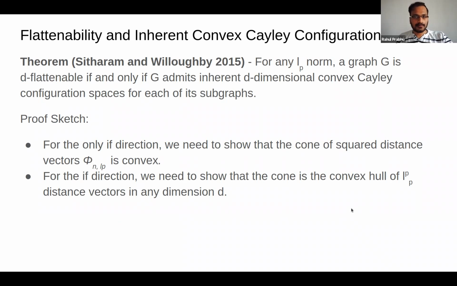Okay. So like I was saying earlier, this theorem by Sitharam and Willoughby extended the previous result to any LP norm. This theorem says that for any LP norm, a graph G is deflattenable if and only if G admits inherent d-dimensional Cayley configuration space for each of its subgraphs.